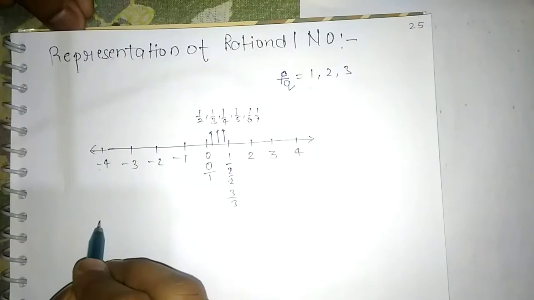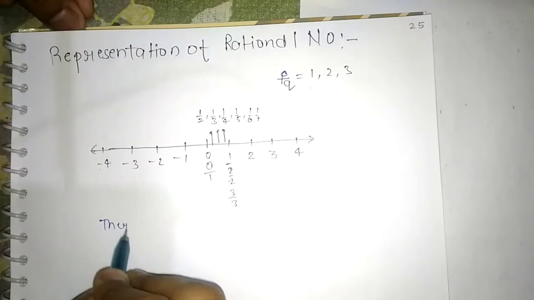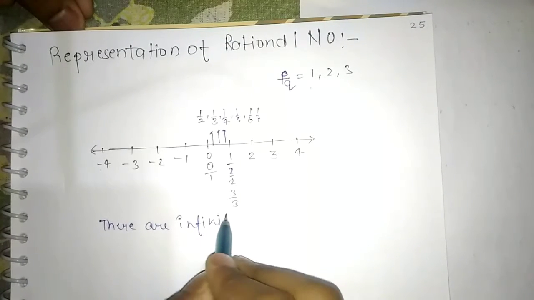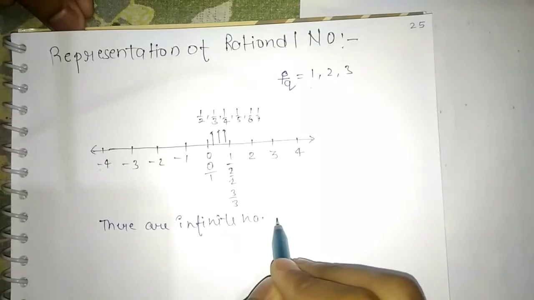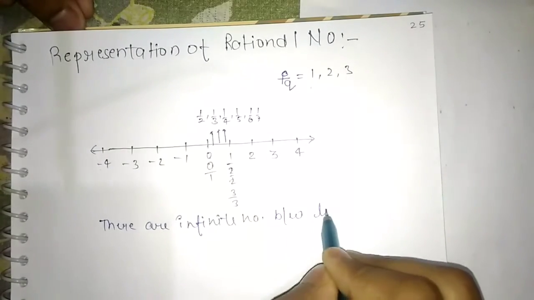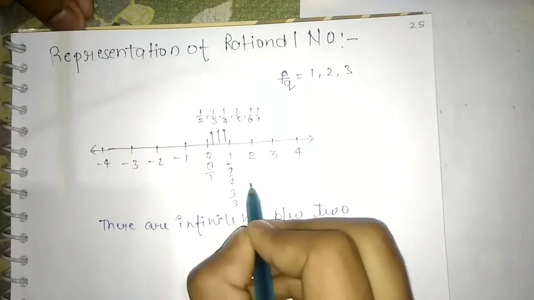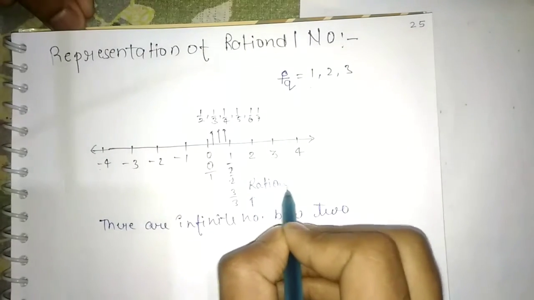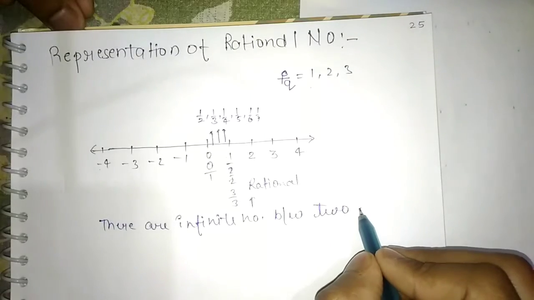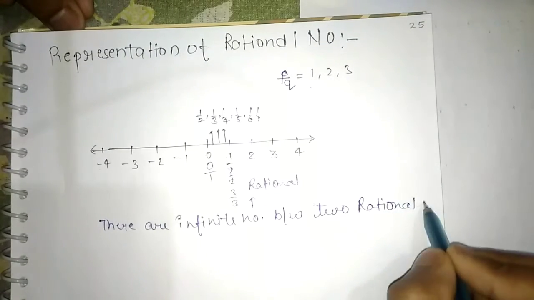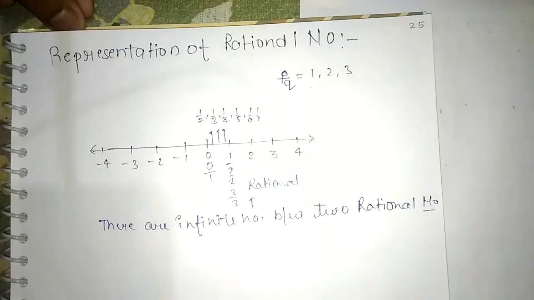So we can say that there are infinite numbers between two rational numbers, which are rational numbers. So there are infinite rational numbers between two rational numbers.